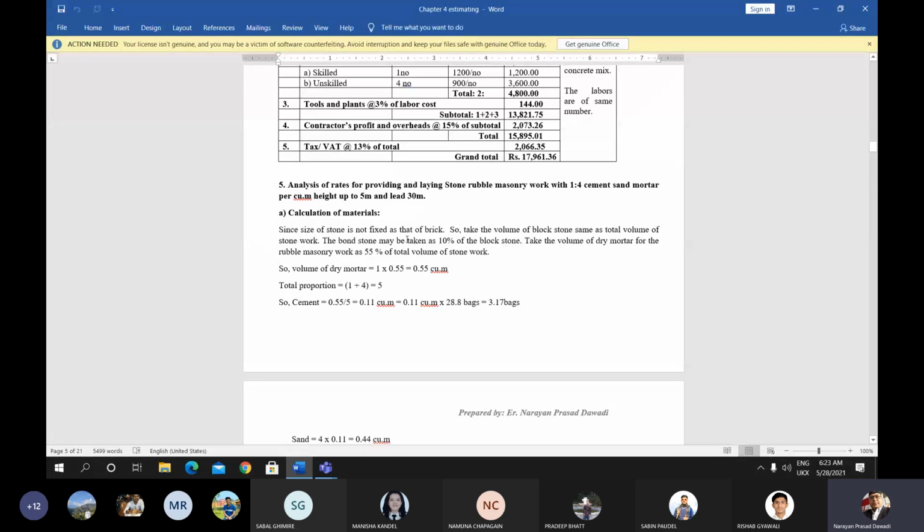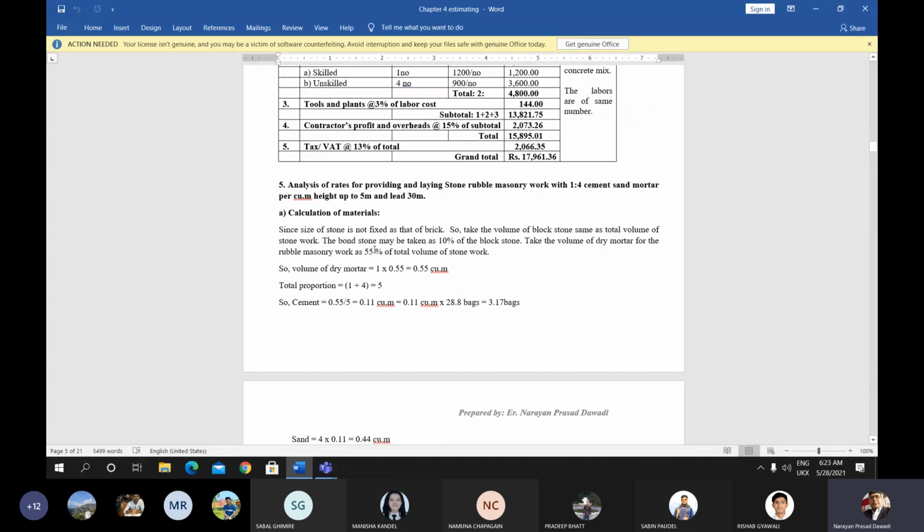The size of the stone is not fixed as that of brick, so take the volume of block stone same as total volume of the stone work. The bond stones may be taken as 10% of the block stone. Take the volume of dry mortar for the rubble masonry work as 55% or 56% of total volume of the stone work. That is generally 56% used here.